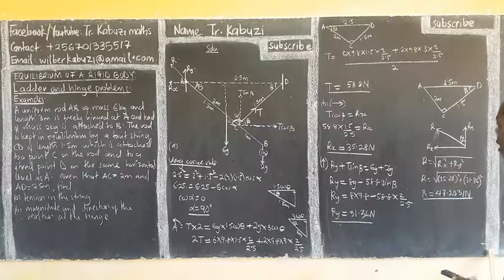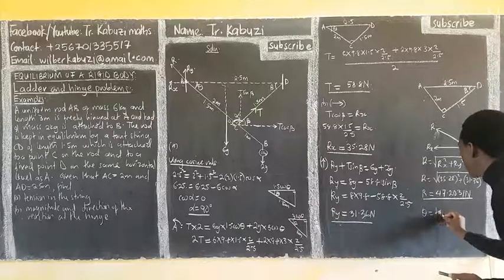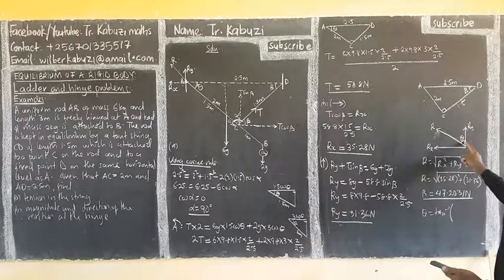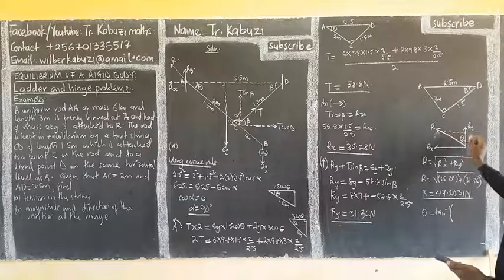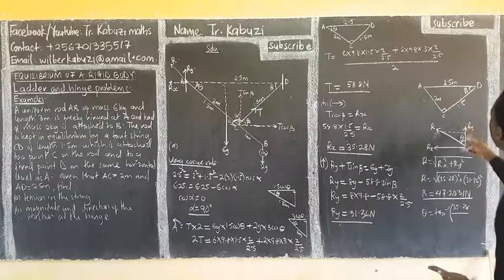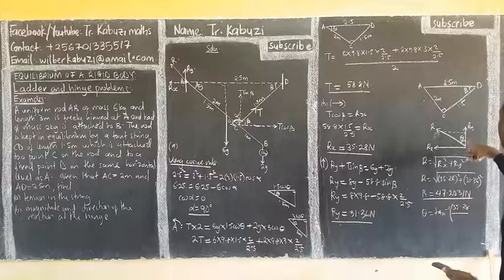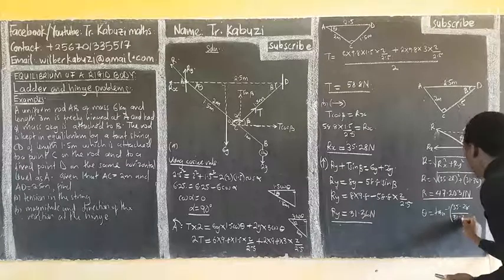And after getting that, we come and we get our theta. Our theta is going to be tan inverse. This is the opposite, which is Rx, 35.28, over the adjacent, which is Ry, 31.36.